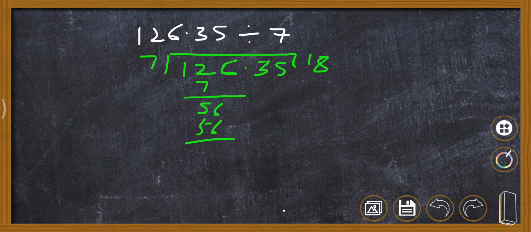Then decimal we will take. Then 3. Now here you can see 3 is not divisible by 7 because it is less. So we will take this 5 again, this 5 also, by taking a 0. Then 35 and this is 5s.